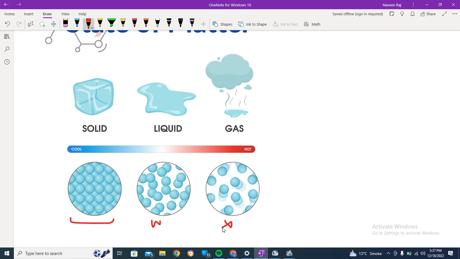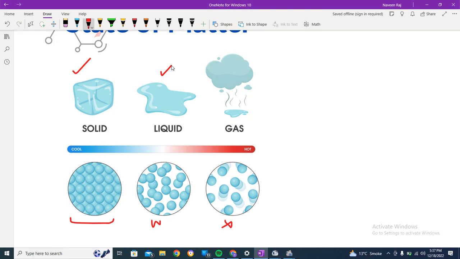If you see simply over here, if we have a solid, the atoms are tightly packed together, so it has formed a cube. It has a proper shape, like this one, right? If you talk about a liquid, you're going to see that it is all joined together, but there is no proper shape.